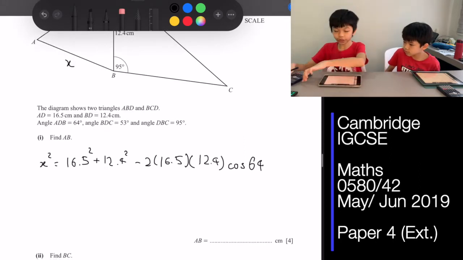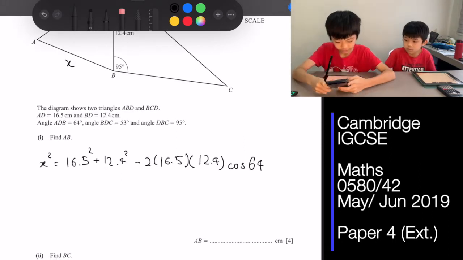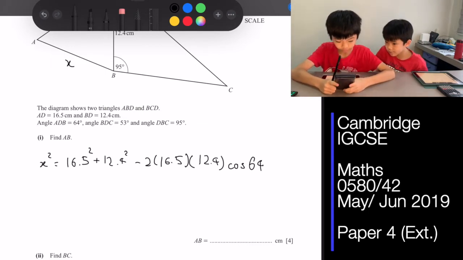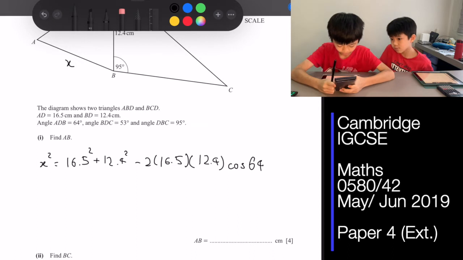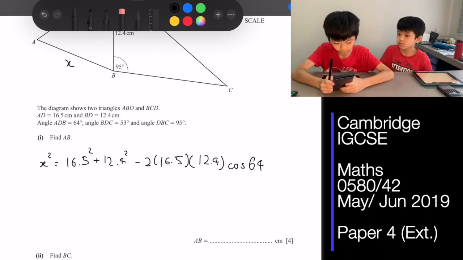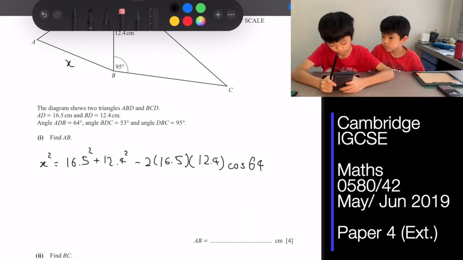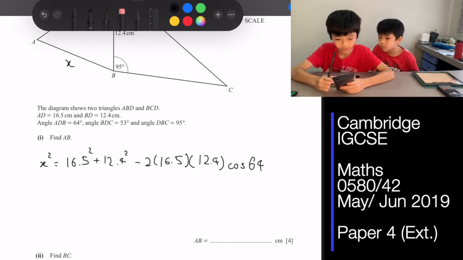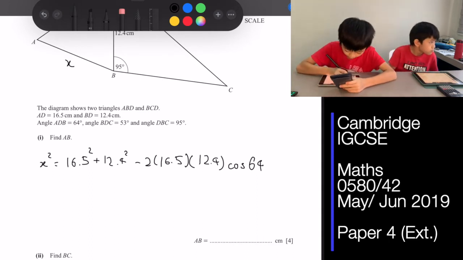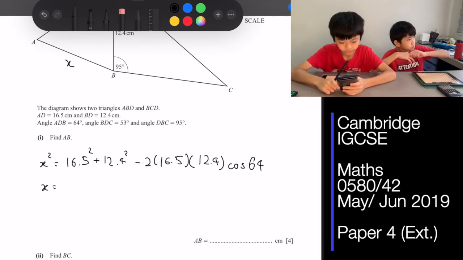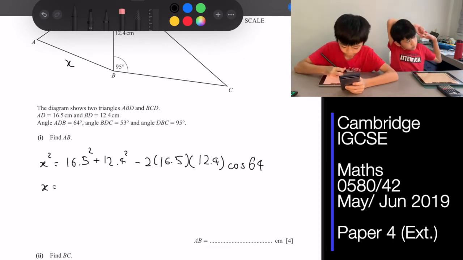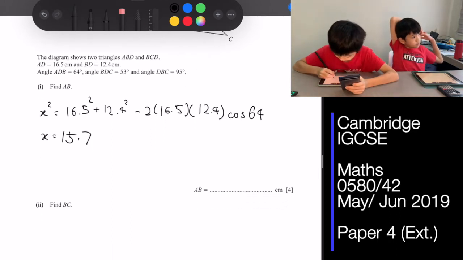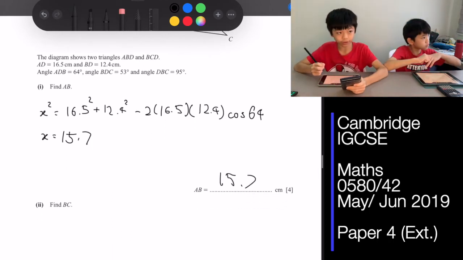And then you just calculate the whole X squared, and then X is 15.7. Alright, AB is 15.7.